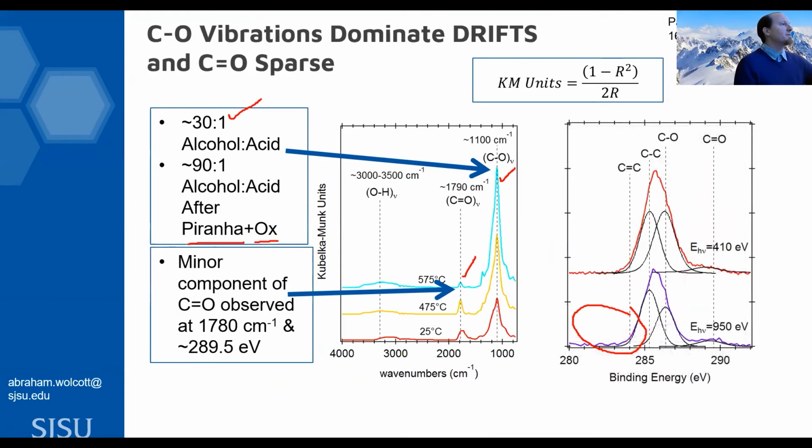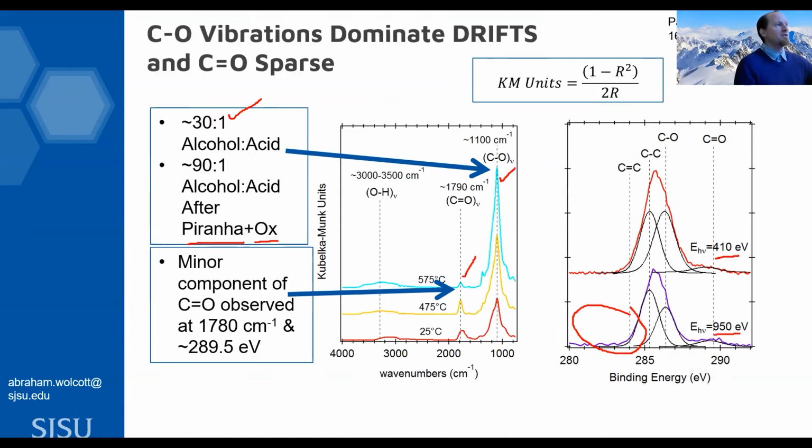Now, if we were to go to the synchrotron, you can do XPS with different wavelengths of radiation, and that's what we have here on the right-hand side. This is wavelength-dependent XPS at 410 and 950 eV.